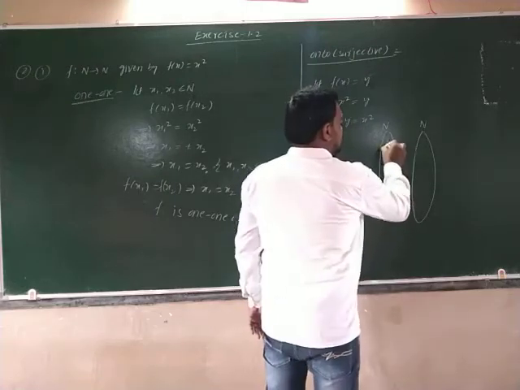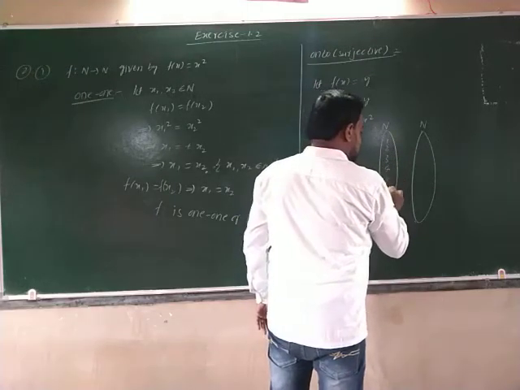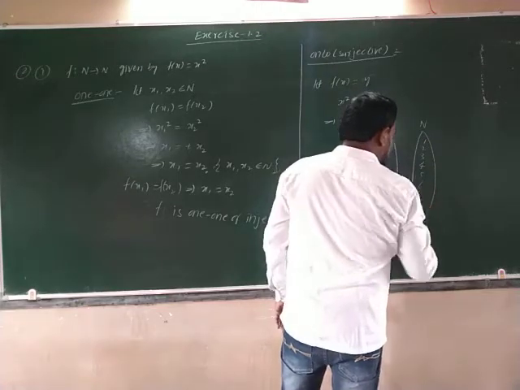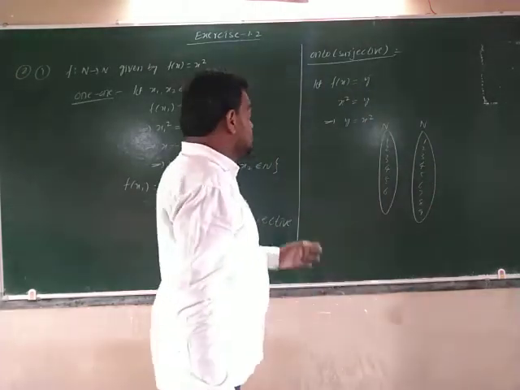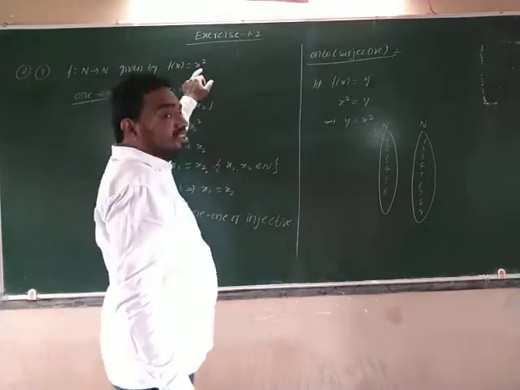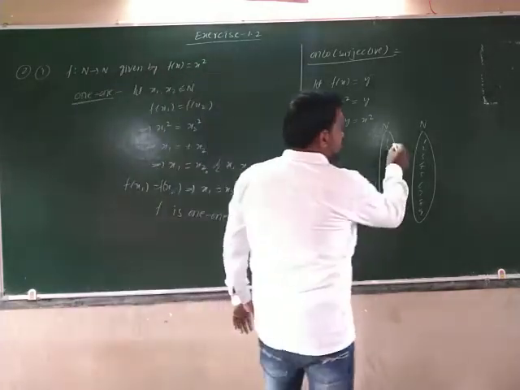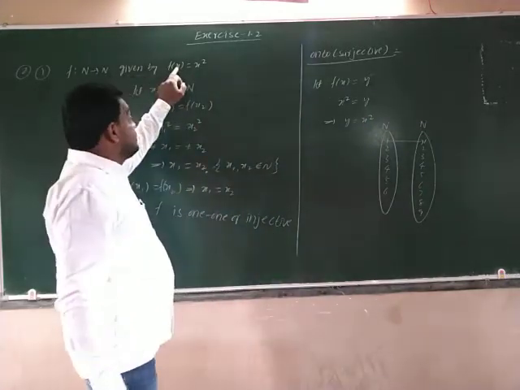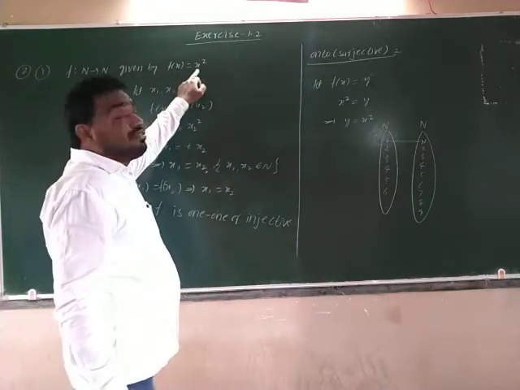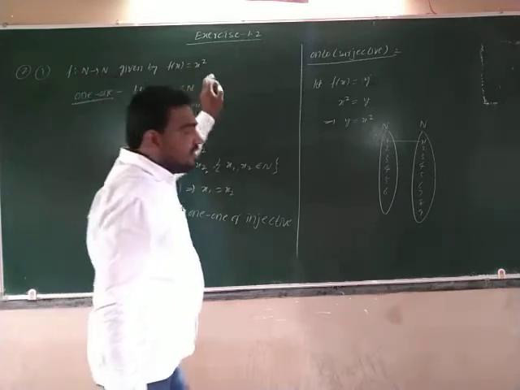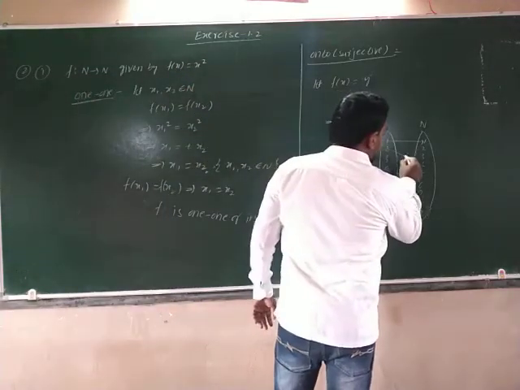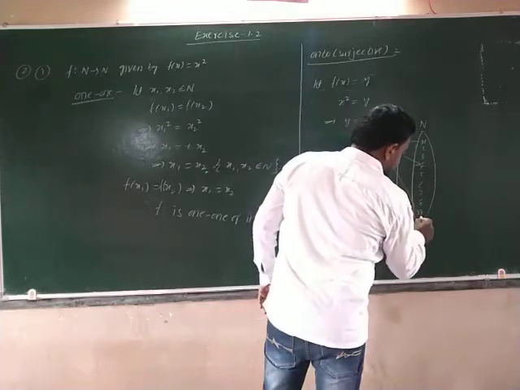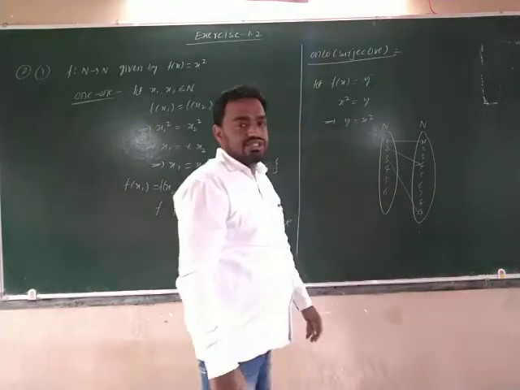Say 1, 2, 3, 4, 5, 6, 7, 8, 9, like this. If x is equal to 1, what are we getting? 1 square. That means 1 is related with 1. Next, if we substitute x is equal to 2, f of 2 is equal to 2 square, 4. That means 2 is related with 4. Next, 3 related with 9. Next, 4 related with 16.